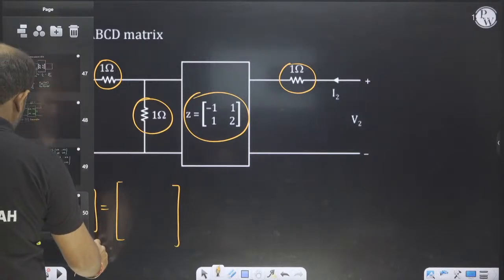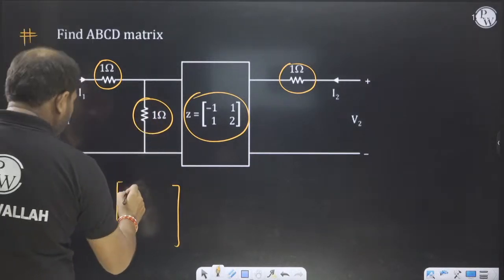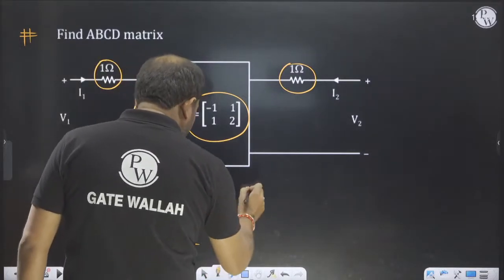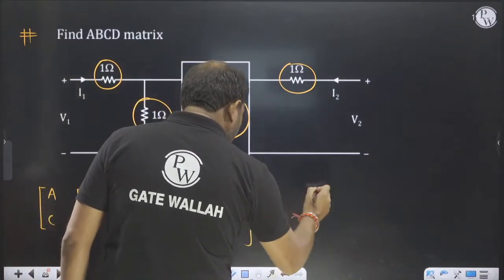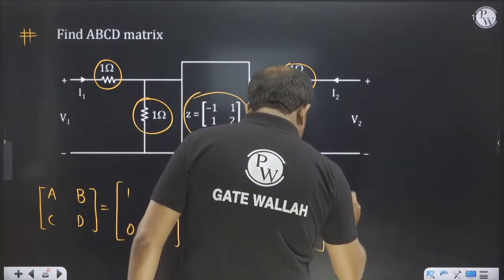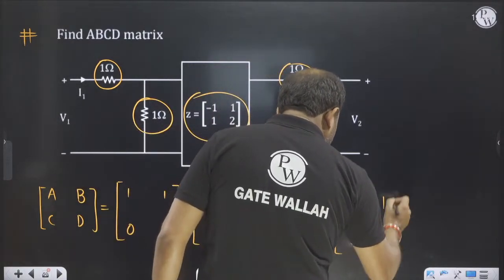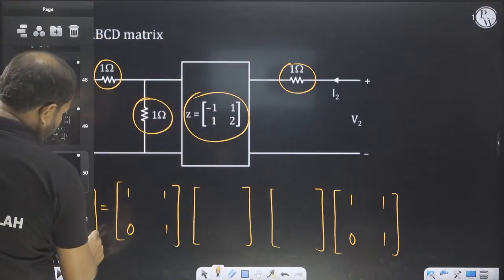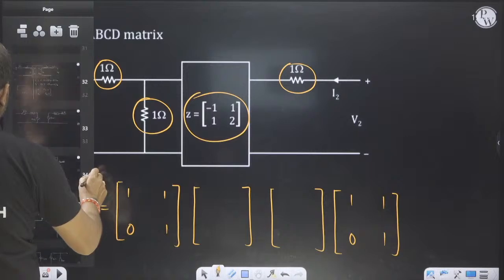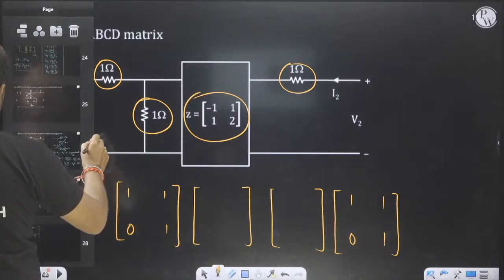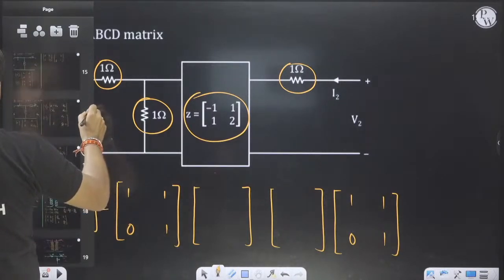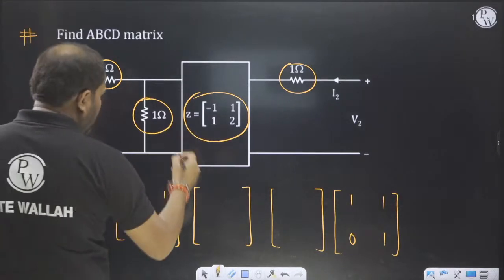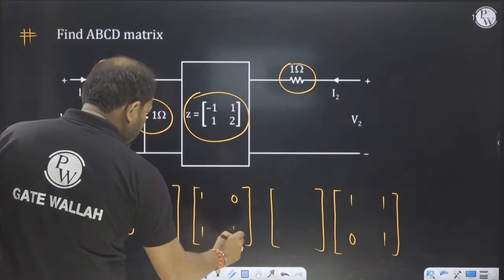So for series it is [1 Z; 0 1], and this one is also a series [1 Z; 0 1]. Then for the shunt network, the ABCD matrix will be [1 0; 1/Z 1].